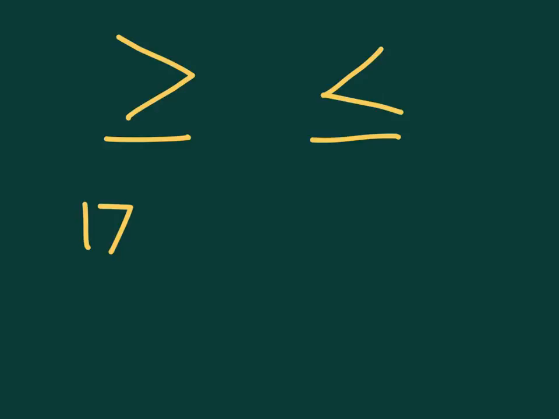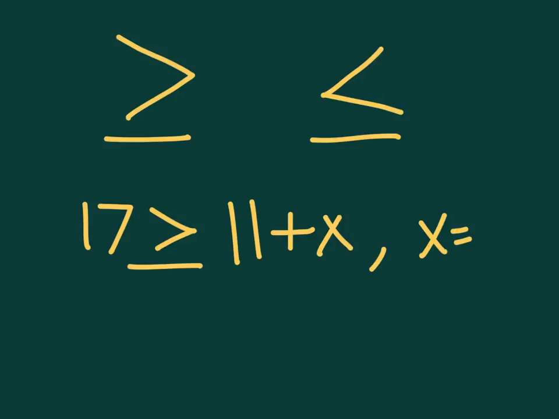We have a greater than or equal to, or a less than or equal to. So an example of this might be something along the lines of 17 is greater than or equal to 11 plus x, if x equals, we'll just say, 8.